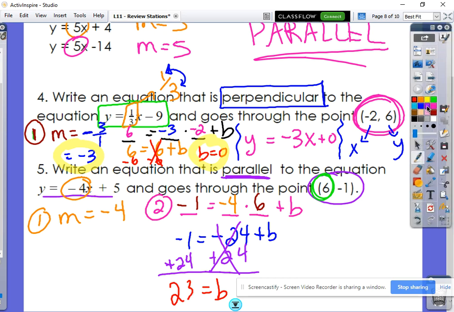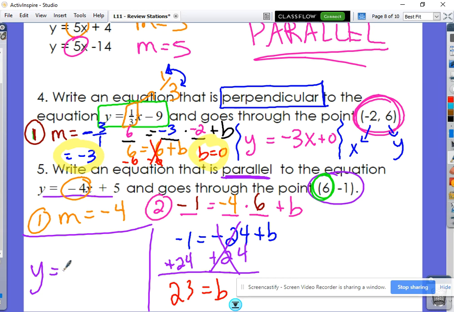So your final answer is y equals -4x. There's your slope, -4 times x, plus our b value. We just found it. It's 23. So plus 23. There's station 5, guys. Pause it, rewind it, watch it over again, ask each other questions, work hard. Got to do that on your test.